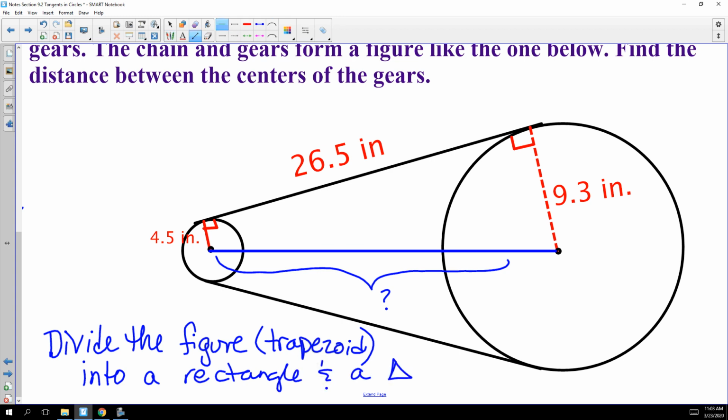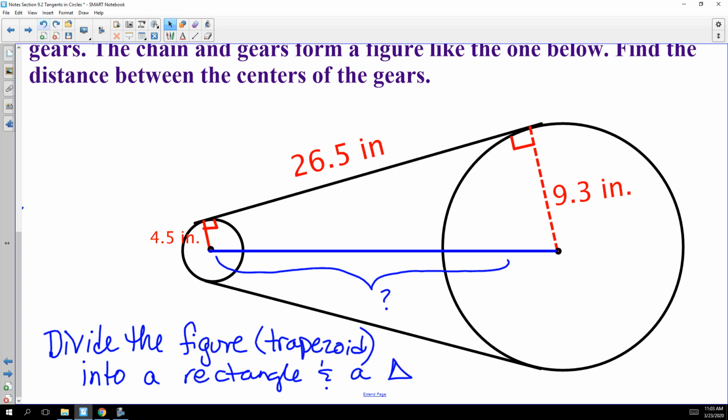You're going to draw a segment. So I drew the segment connecting the centers, but now what I'm going to have to do is try to draw a rectangle and a triangle. So I'm going to do it like this. I'm going to start at one center, and I'm going to make it parallel to the tangent line. So let's just undo that a little bit.